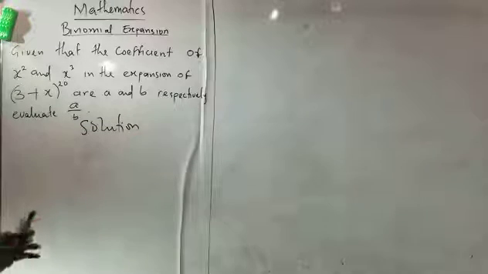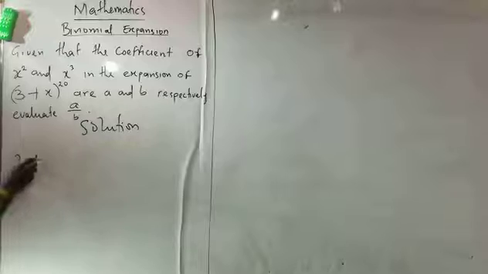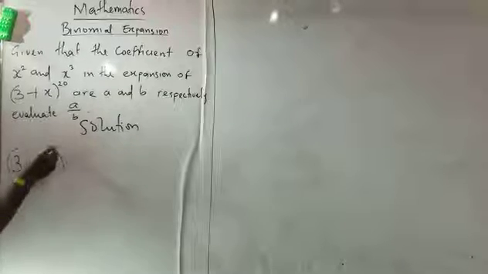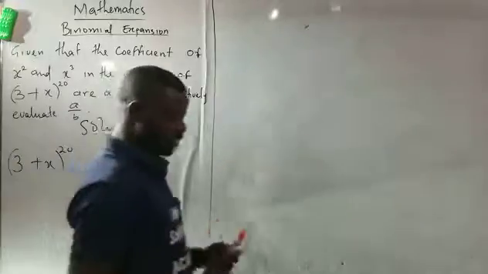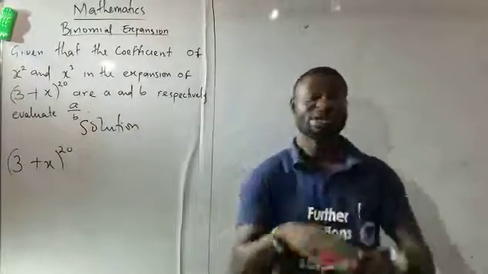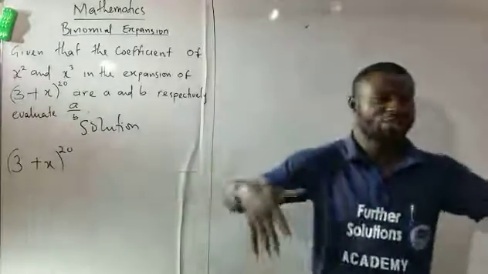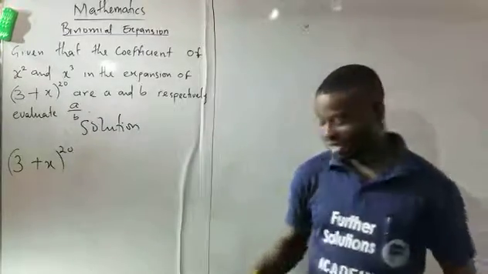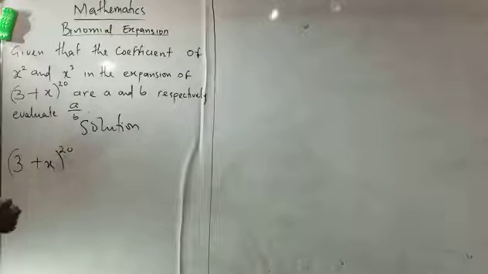Just note that the first thing is I have this particular problem, 3 plus x to the power 20. It would be very wrong of you to run through Pascal's triangle, because to get the Pascal's triangle for 20, it will take a lot of time. Now, what you just need to do is go back to what I was explaining earlier.